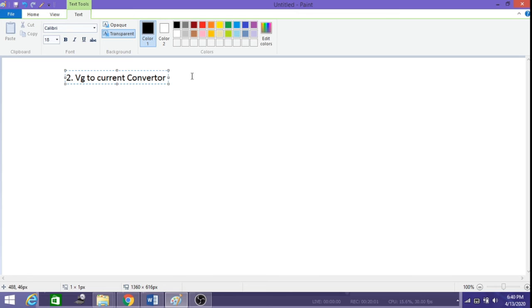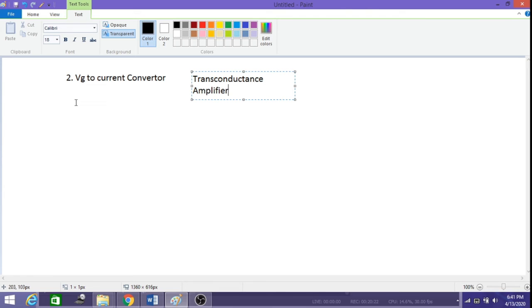This is also called a transconductance amplifier, and again there are two types, that is VI converter with a floating load and VI converter with a grounded load.